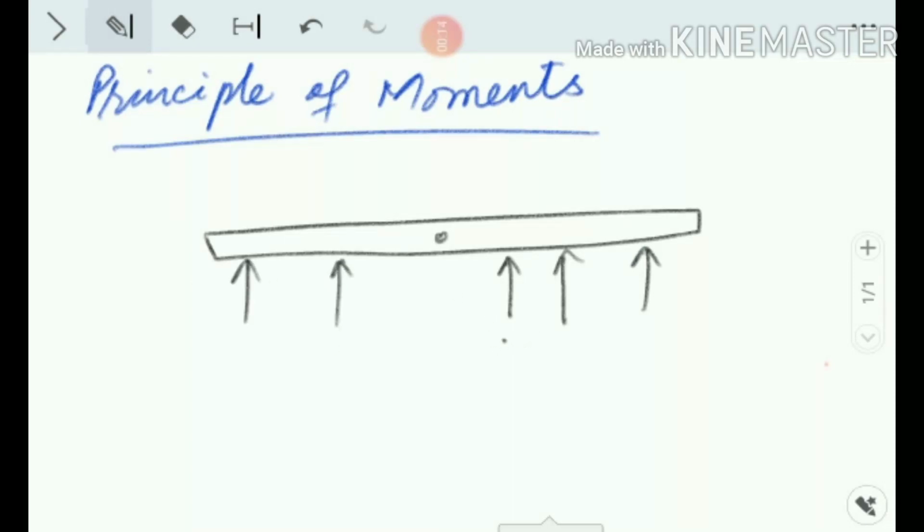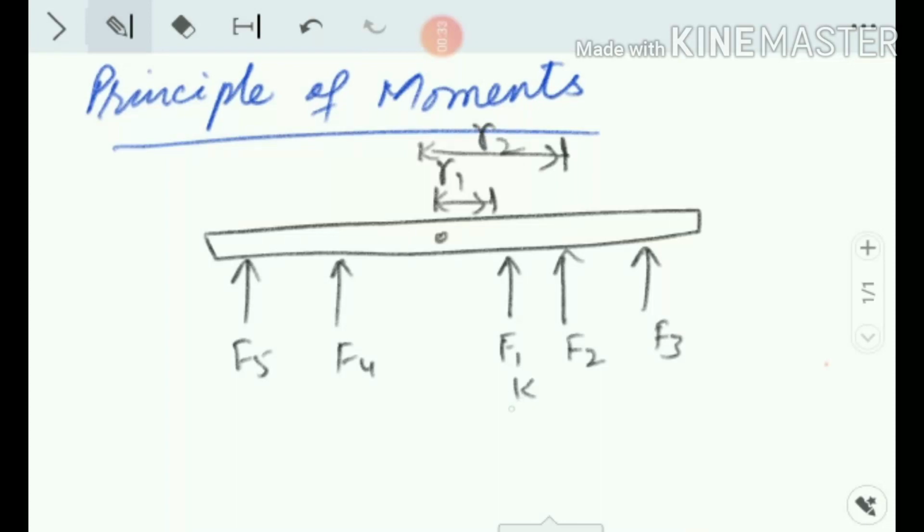Let's call this force F1, F2, F3, F4 and F5, and let's say their respective moment arms are R1, R2, R3, R4, R5.